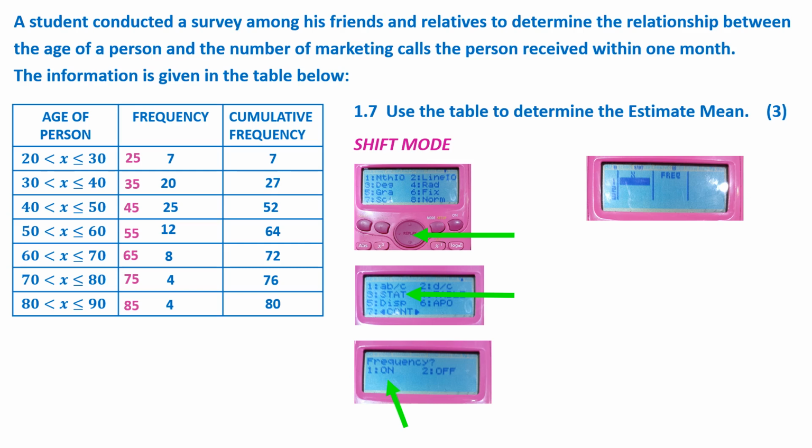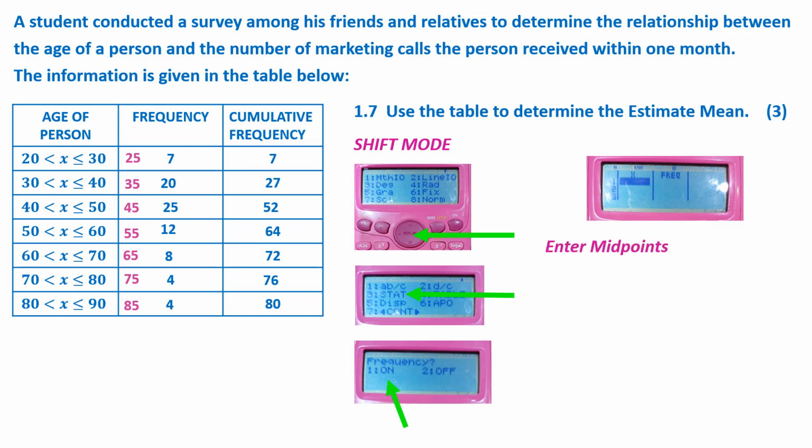Once you've got your frequency on, that is what your screen should look like. And remember to go there, you're going to choose mode, stat, variable, and that's how we get to our screen. Now when we did mean for raw data, your frequency column probably wasn't there, but now we've turned on our frequency and we can change it.